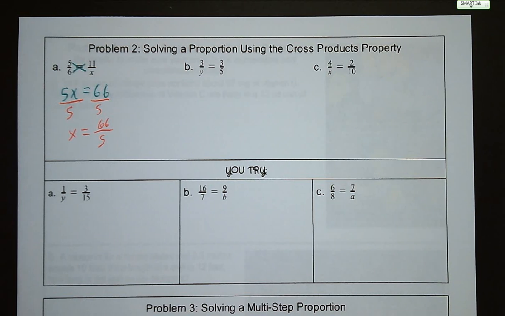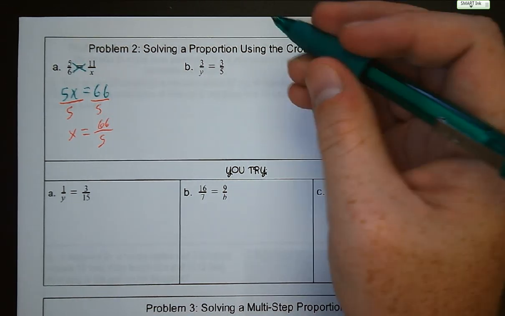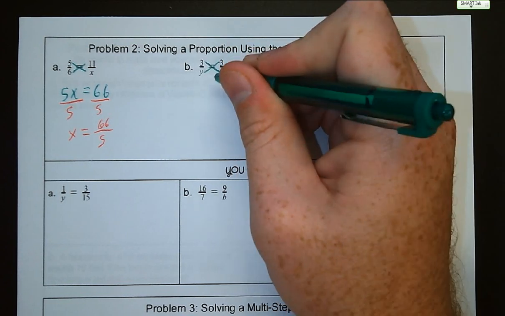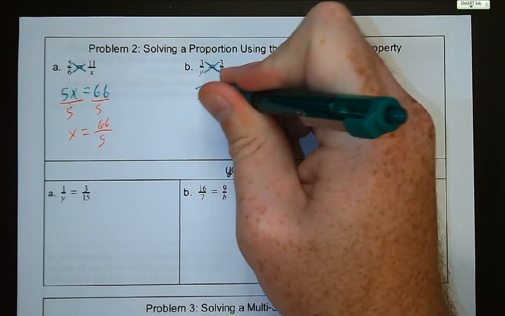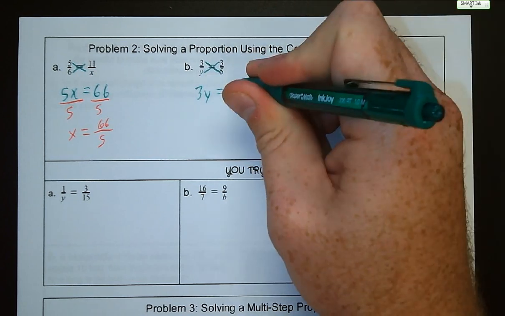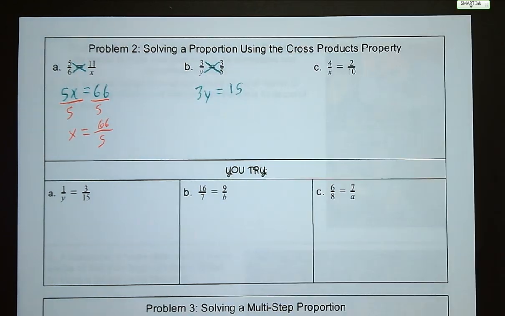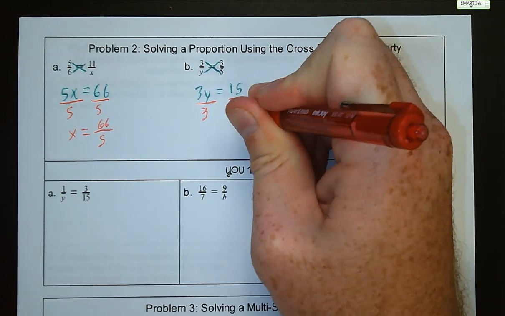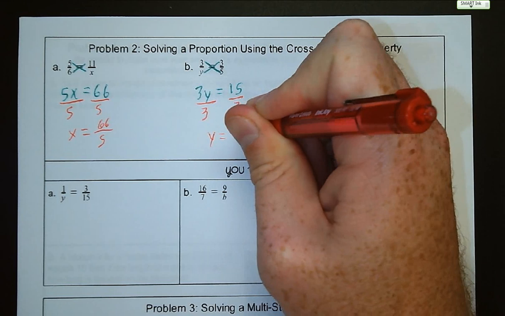Okay. Letter B, we're going to do the cross multiplication again. So we have y times 3, which is 3y, is equal to 3 times 5, which is 15. Solve the equation. Divide both sides by 3. y equals 5.